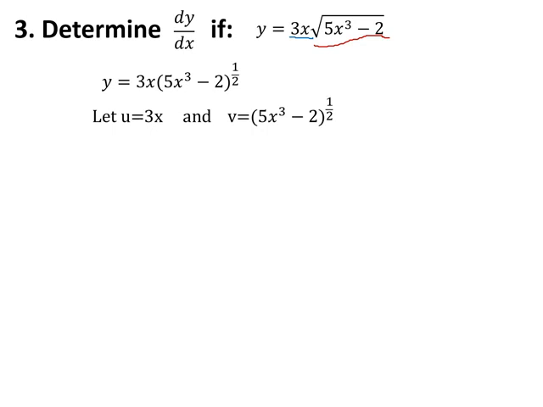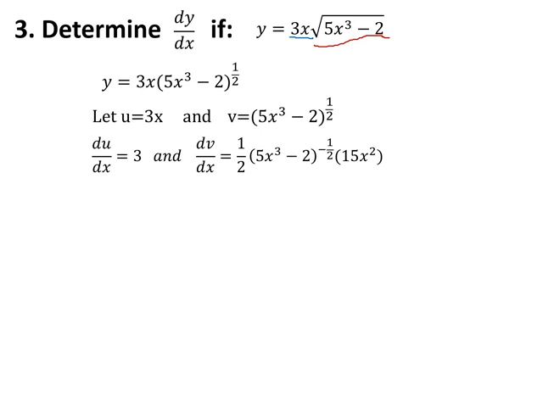Then because our product rule requires us to find the derivatives of these two functions, we find the derivative du over dx is 3. Derivative of 3x is 3. For the second part, for the v, you are going to apply the chain rule to differentiate.